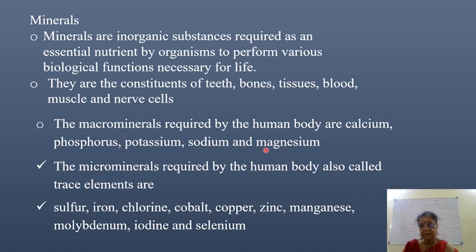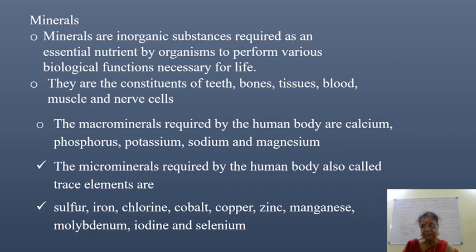Whereas micro minerals are also called trace elements. They are sulfur, iron, chlorine, cobalt, copper, zinc, manganese, molybdenum, and selenium. These are all minerals required by our body in very minute quantities.